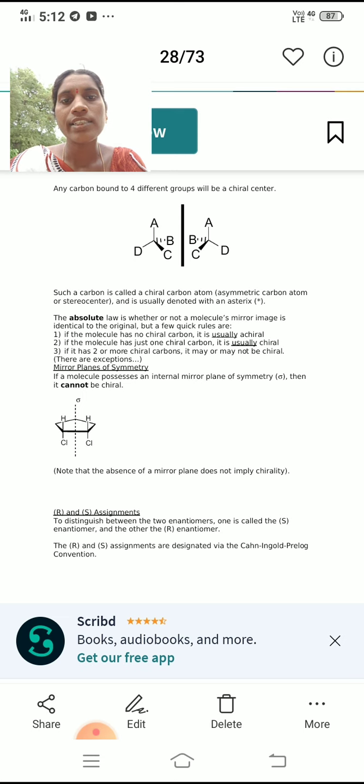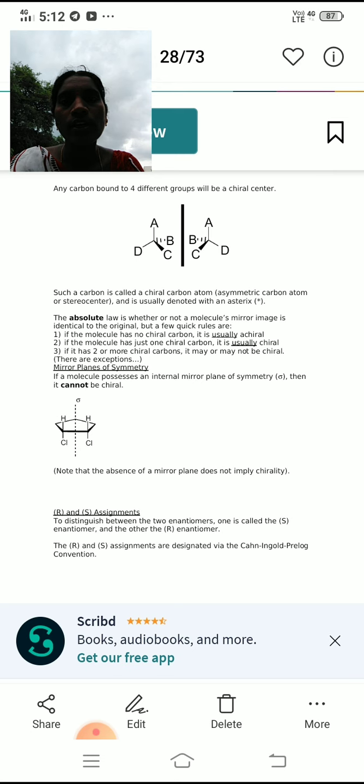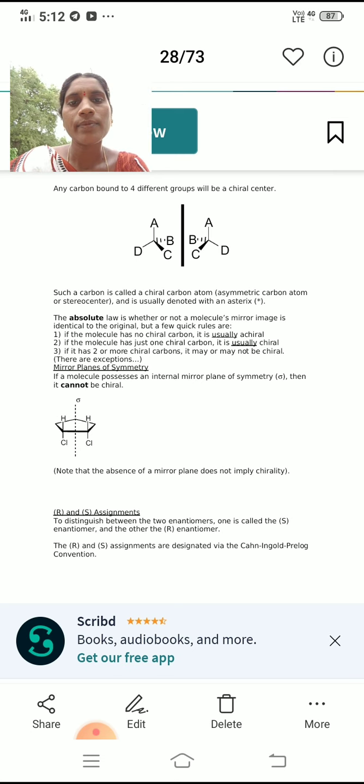MALD, GDC Gadwal. So today I am going to discuss RS nomenclature and optical activity. RS nomenclature.